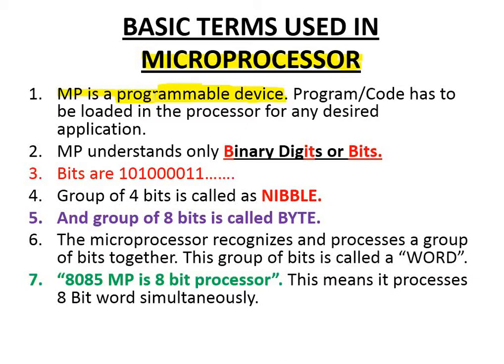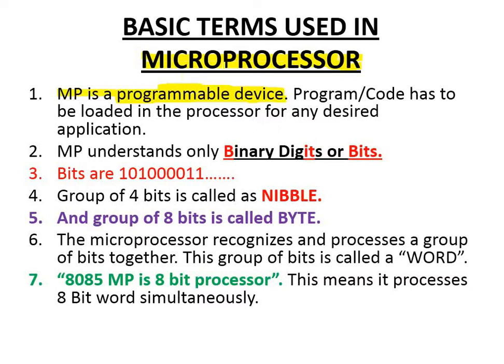For example, if you want your processor to multiply a given number, you have to write the program for how to multiply that number. You have to feed it in the memory which is interfaced with the microprocessor. Then only the microprocessor will understand it. Then according to this program it will process the data.